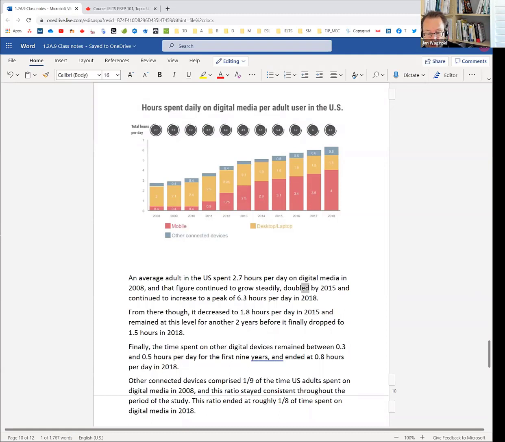So it needs to be doubling. Doubling by 2015 and continuing to increase. Okay, so instead of it doubled to doubling, continued, continuing.